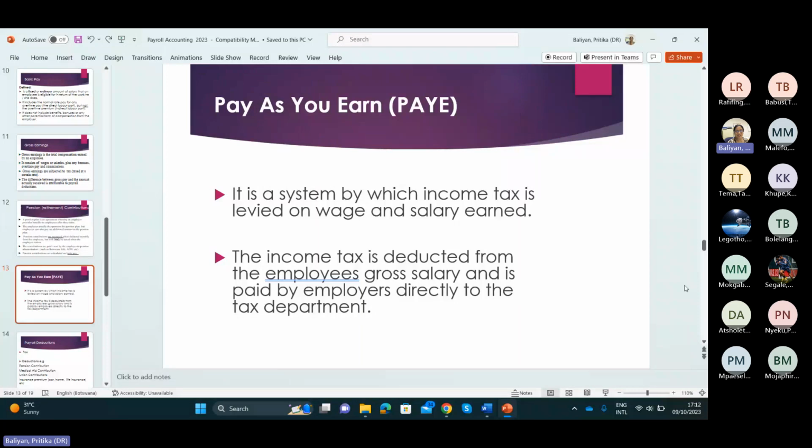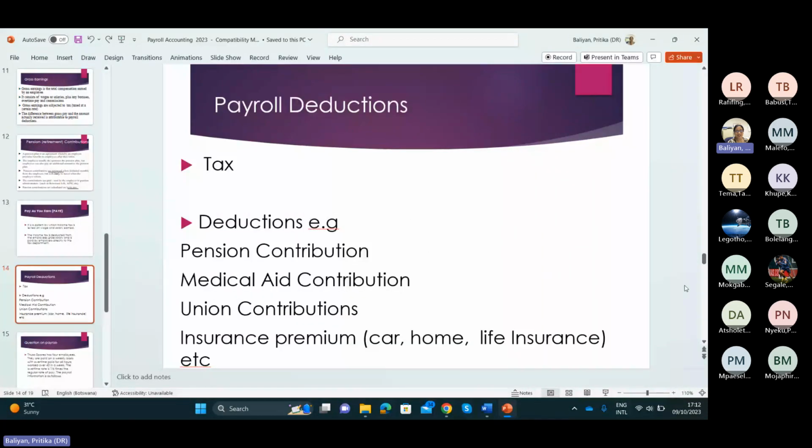Then the other deductions are like pension contribution, medical aid, union contribution. If they have taken any insurance policy to insure their property like car, home, and also life insurance, then a certain amount is paid to the insurance company, which is called the insurance premium. So that insurance premium is also deducted from the payroll.